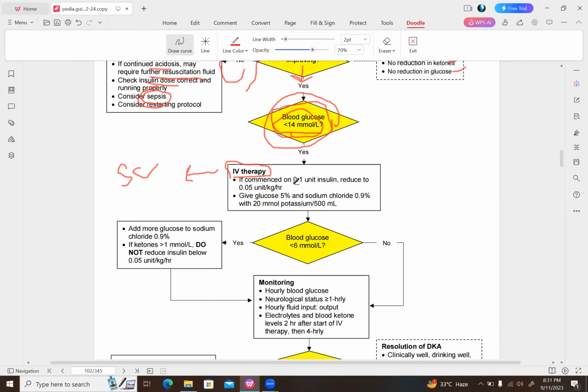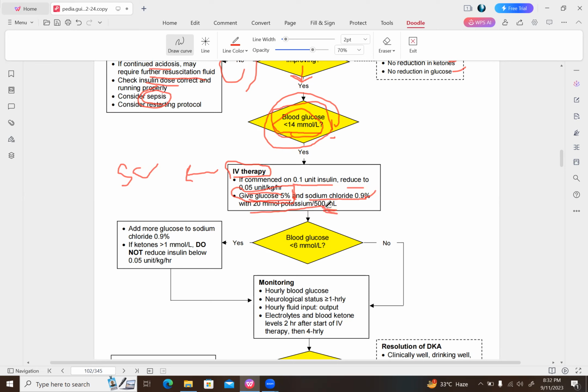If less than 14, start 0.1 unit insulin. Okay, reduce to 0.05 unit per kg per hour if it is improving, and also give glucose, 5% glucose. Okay, this is the IV. The patient cannot take oral. Give 5% glucose, and you give sodium chloride 0.9% with 20 millimole potassium in the 500 ml of fluid.